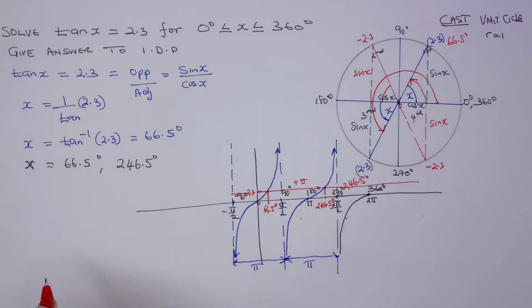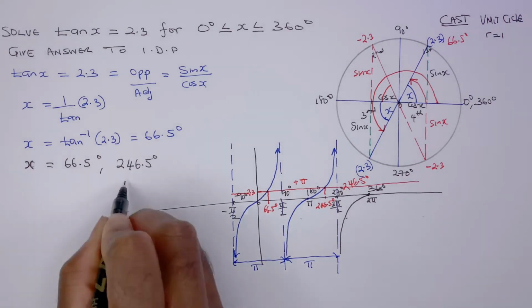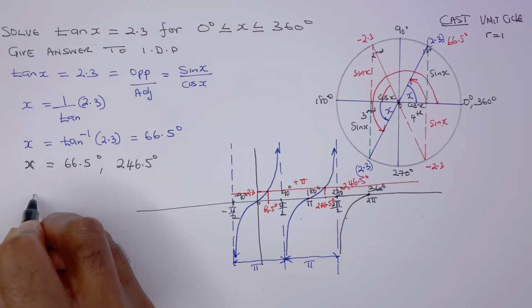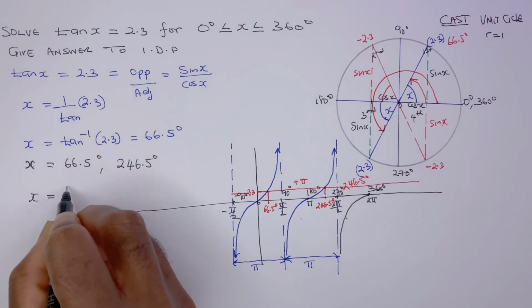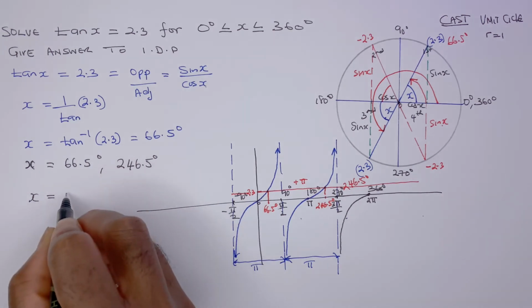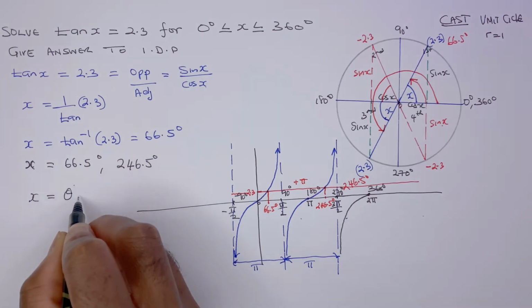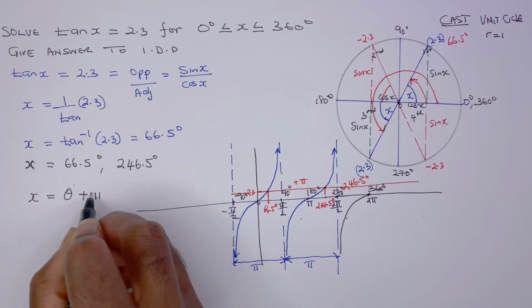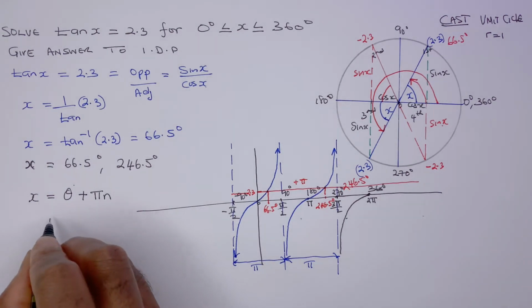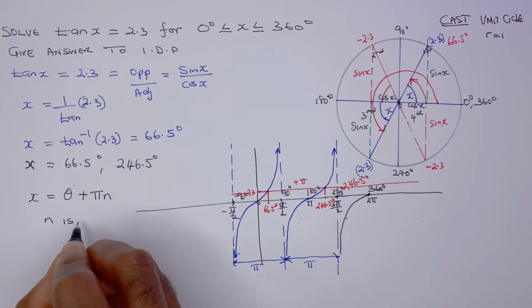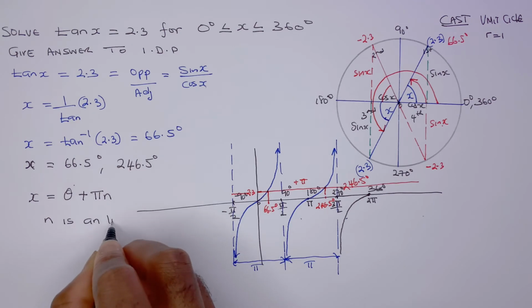So the difference here is plus pi. So sometimes we write the formula for this expression by saying x equals the first angle you work out, so that's theta, plus pi n, where n is an integer.